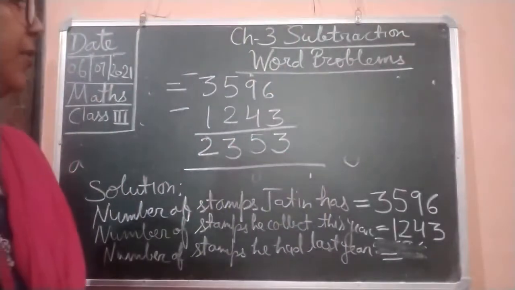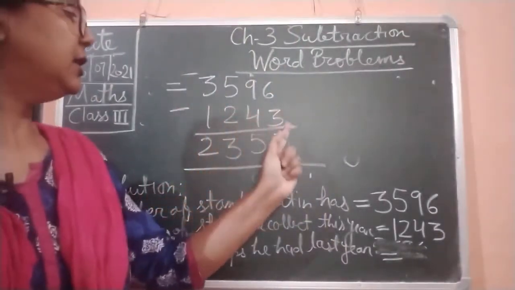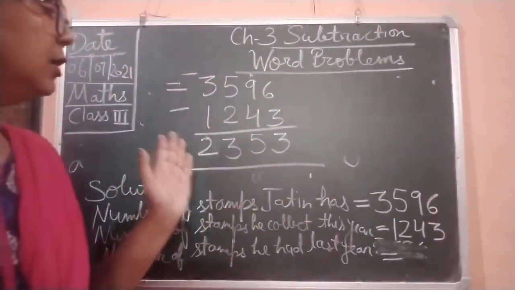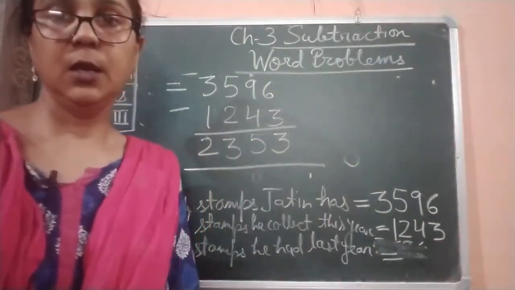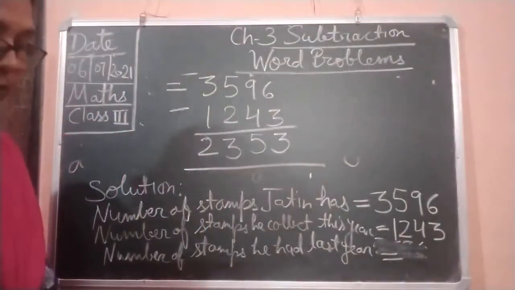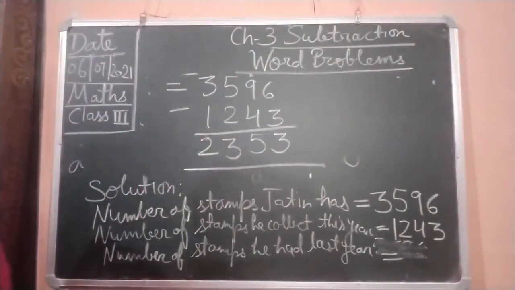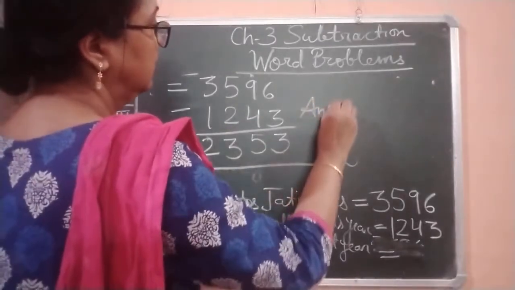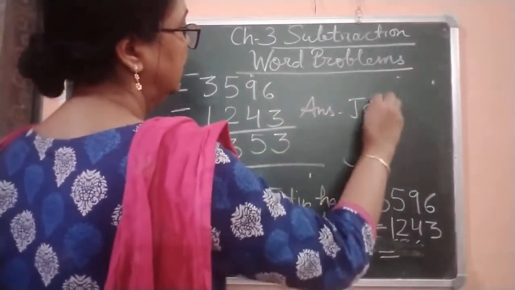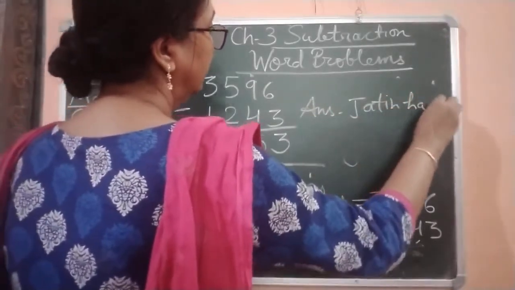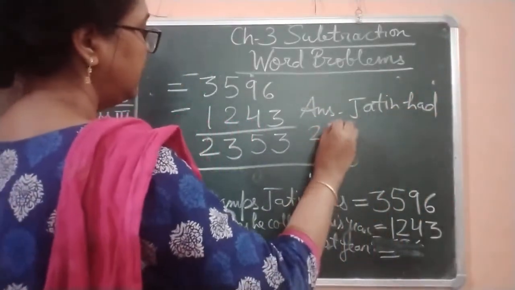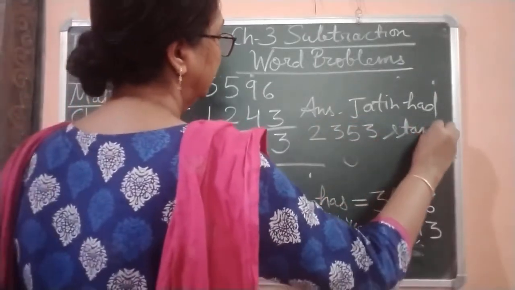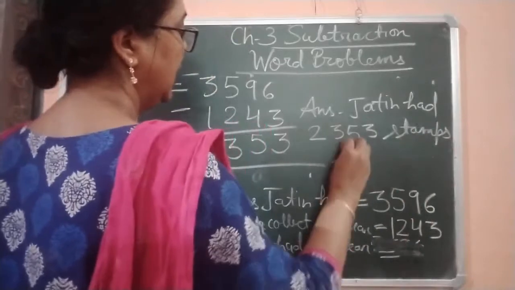When we subtract 1243 from 3596, what will we get? 2353. So we will write the answer, children. Answer, Jatin had 2353 stamps last year.